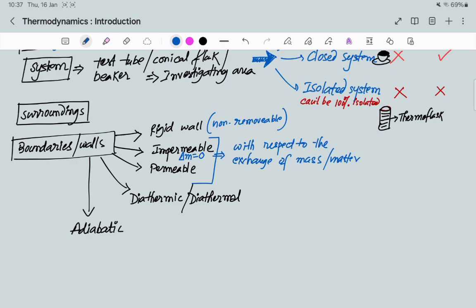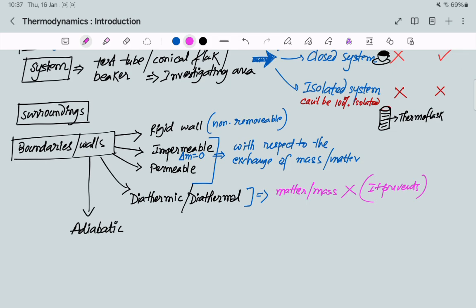Okay, now diathermic or diathermal, it is a wall which prevents the passage of matter or mass, but it allows the passage of energy.